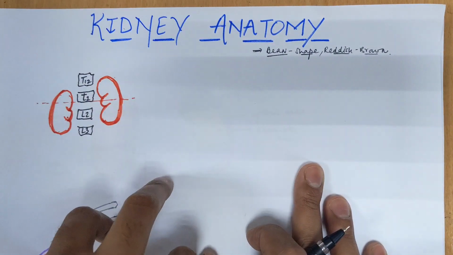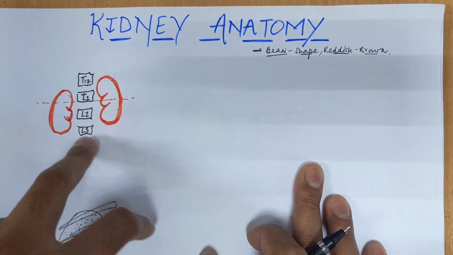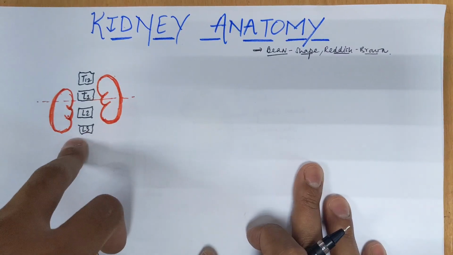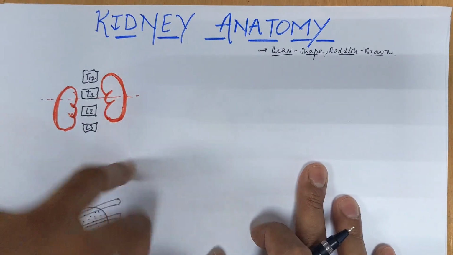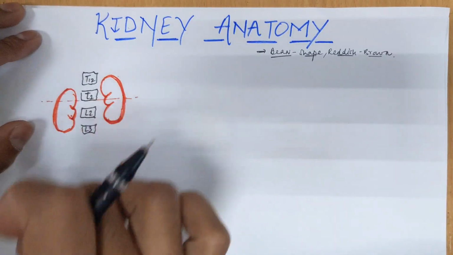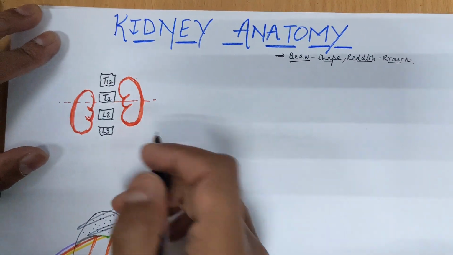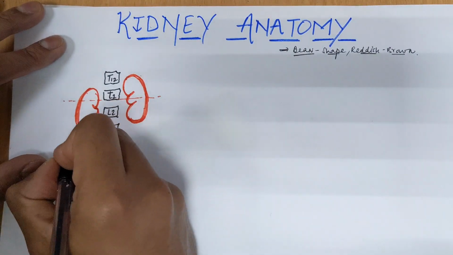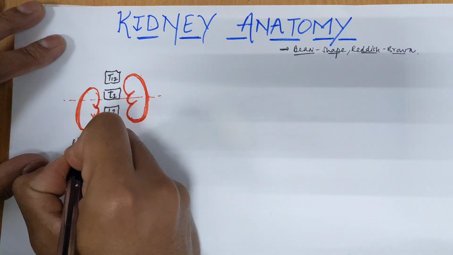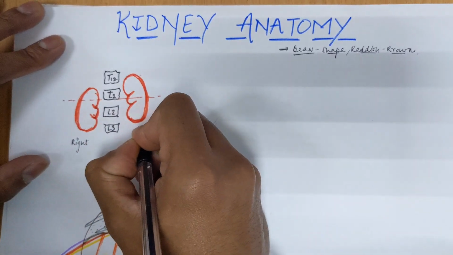Now we will be seeing the skeletotopy, or the situation, that is where the kidneys are located, left and right. We have a difference between the left and right kidney. In this diagram, this is your right kidney and this is your left kidney.